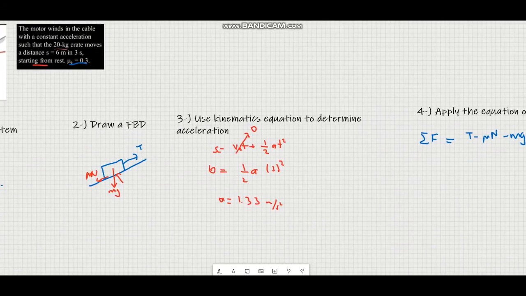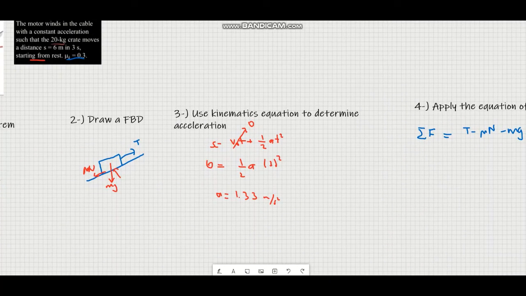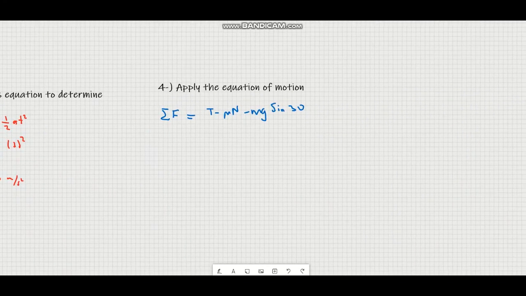As you see here, the angle between mg and these is 30. When we multiply it, sine 30 is going to be down, in the minus x direction. So we consider the minus x direction. So we set up our equation of motion.